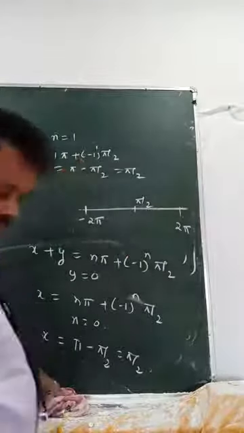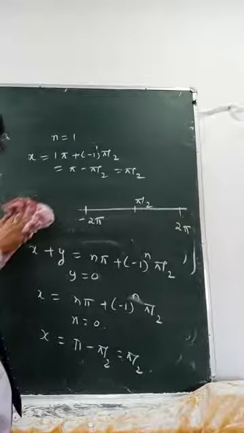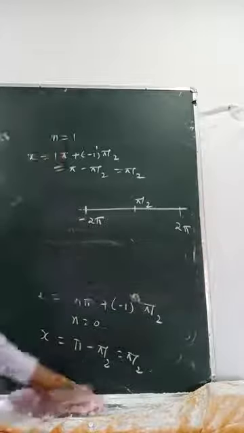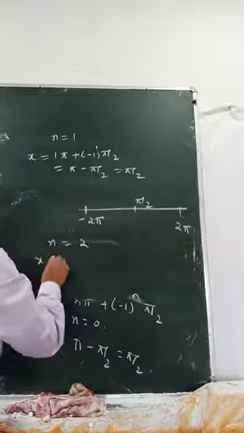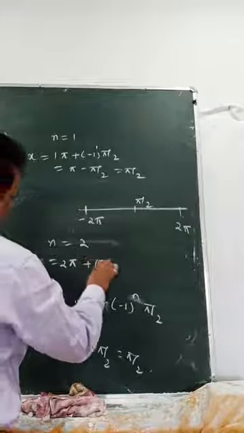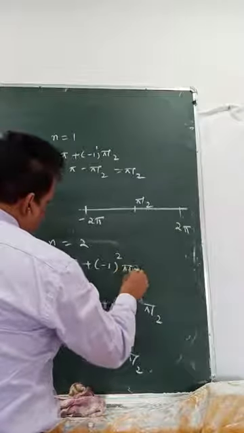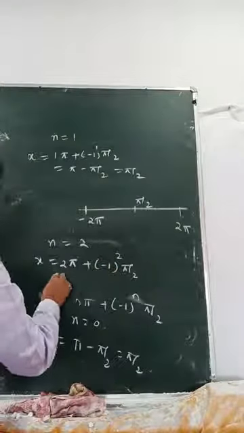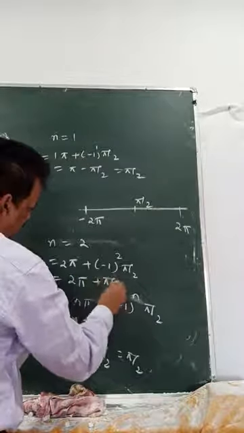Then put n equals 2. n equals 2, x equals 2 pi plus minus 1 to the power 2 pi by 2. That means it is 2 pi plus pi by 2.